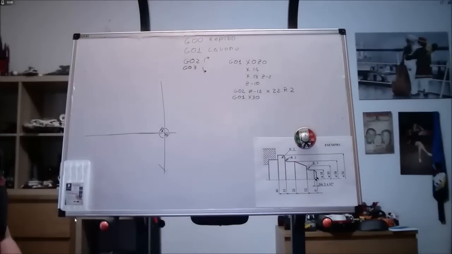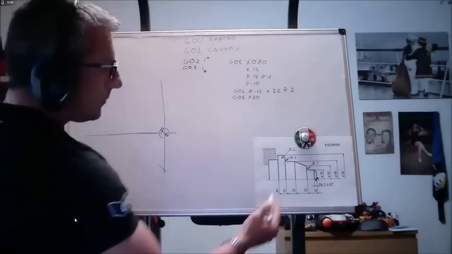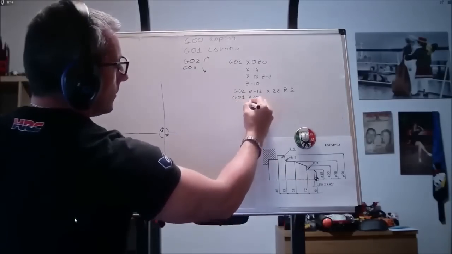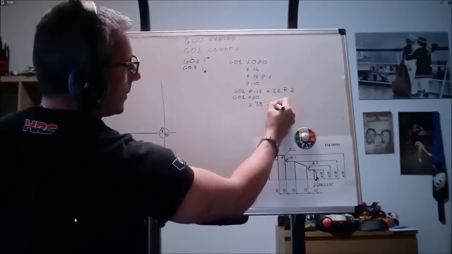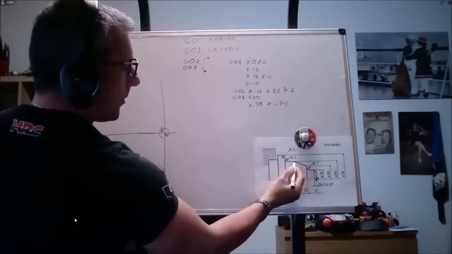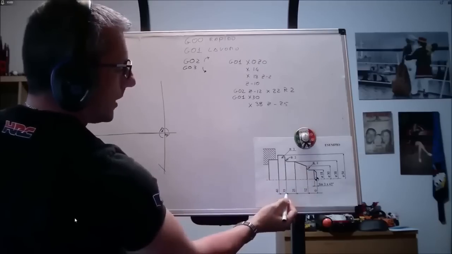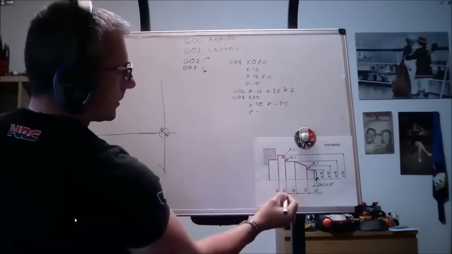So I have to exclude my G02 and insert G1. At this point, G1 remains active, x38, Z minus 25. Then, from here, I go to Z minus 31.